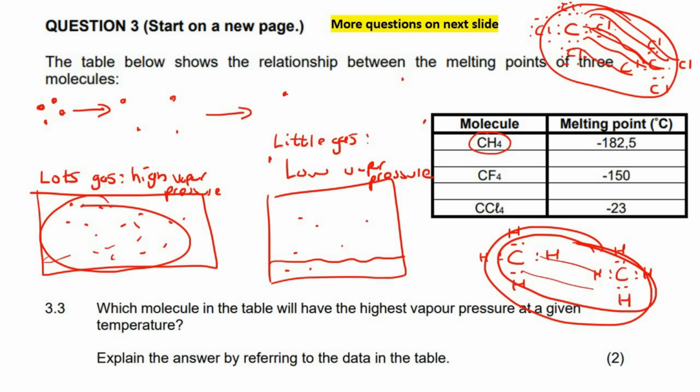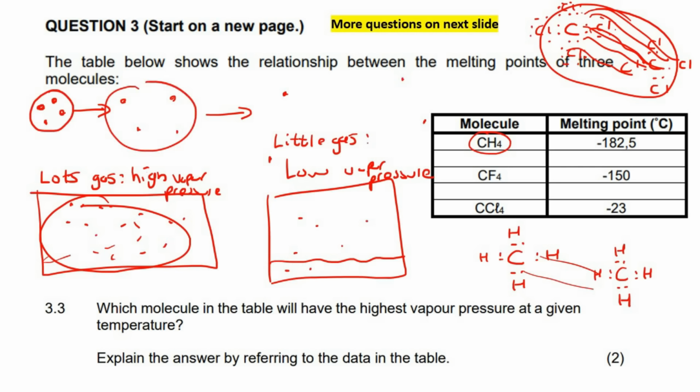So, if you had to walk into a room filled with CH4, you would probably find more gas. Because remember, to make a gas, you have to separate the molecules from the solid to the liquid to the gas. So, because these ones are easier to separate, you would find more of these in the gas phase.